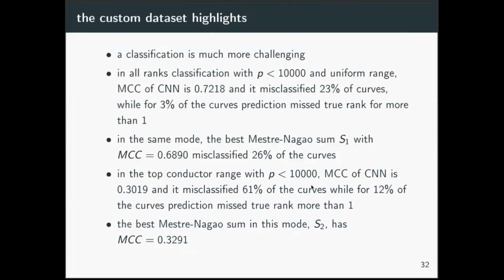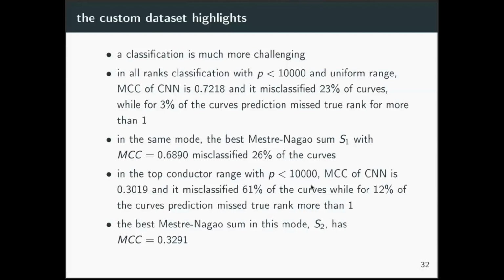If you take the overall classification with P less than 10,000, in the uniform range, which is a simpler case, 23% of the curves were misclassified, but only 3% of the curve predictions missed the true rank by more than one. That's not that bad if you just want to detect curves that probably have high rank.